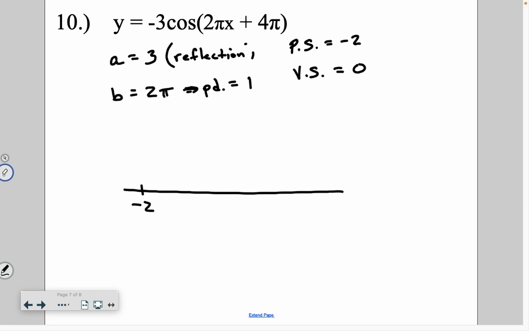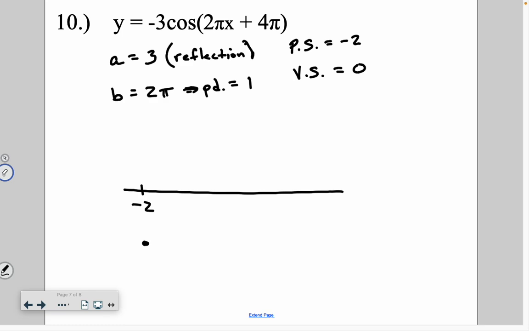Starting off, cosine wave, which means normally we would start up here at a maximum, but because we have a reflection, I must have erased that by accident, that means instead we're going to be starting down at a minimum value. We'll put in the value in a second. That's because the amplitude is negative. Rather than starting at a maximum, we're starting at a minimum. Okay, does that make sense?